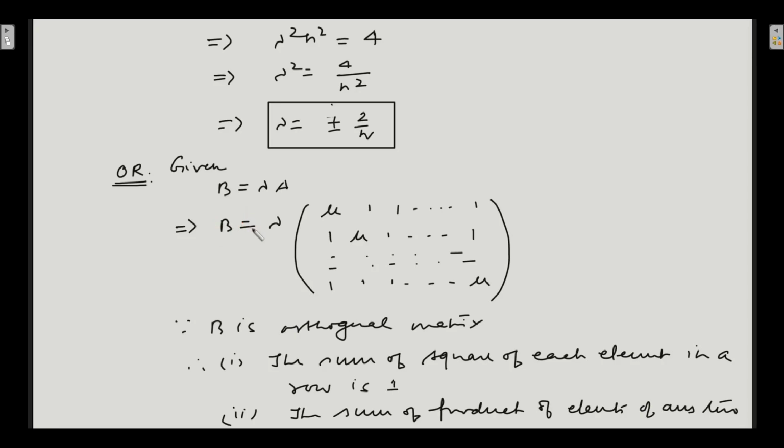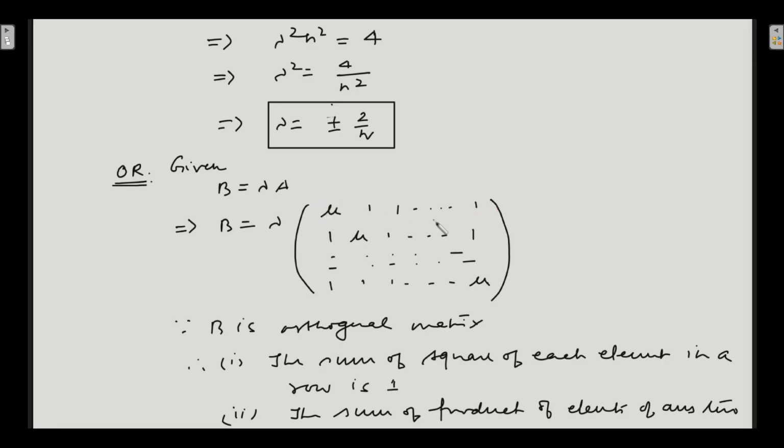Now capital B is equal to lambda written as it is. According to the given question, capital A can be written like this, that is mu at the diagonals, and everywhere except diagonals it is 1. So over here 1 1 1 1 1 1 1 up to here, and the order is n cross n. The order is n cross n.